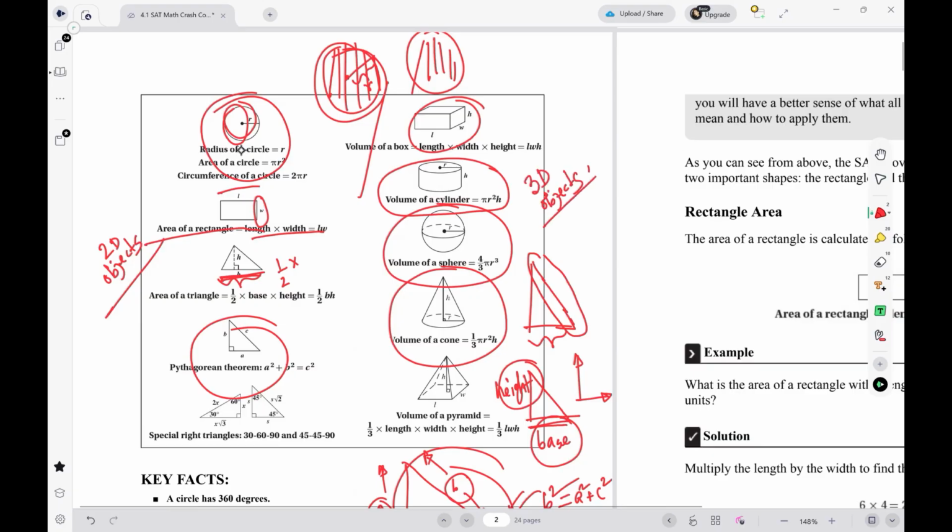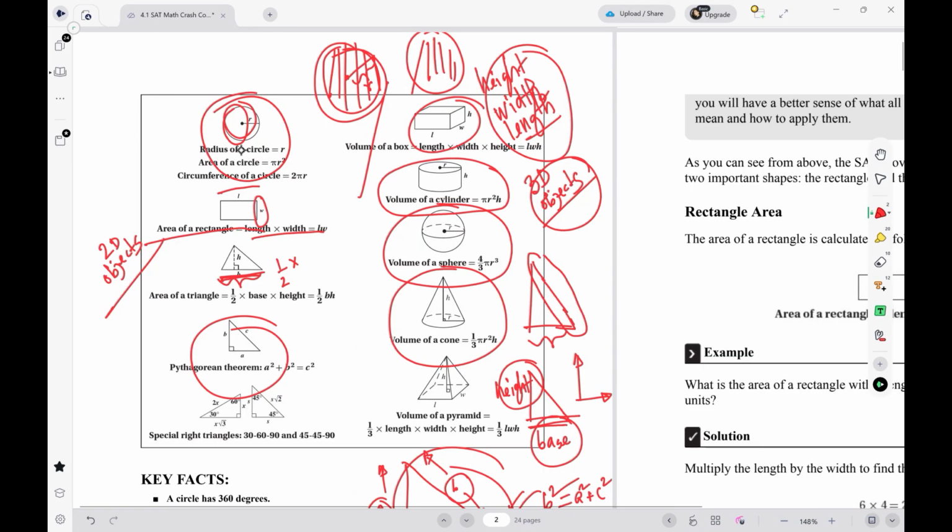So what these things actually mean is that these objects have height. Height is a dimension. These objects have width, and these objects have length. You got it, right?